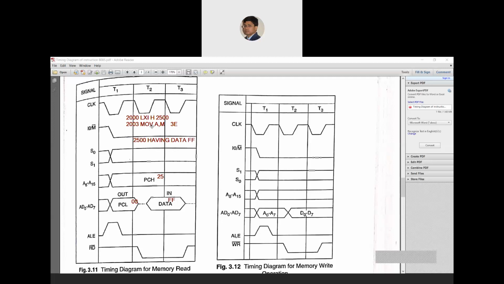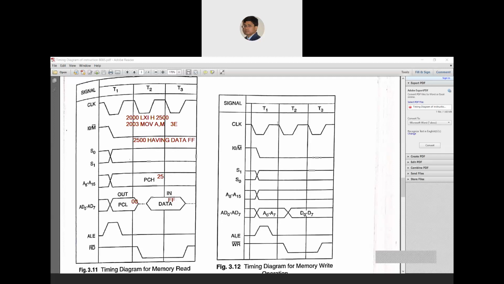In that case, I have shown previously that your HL pair is pointing to the location 2500, and in that location 2500 the 8-bit data FF is there. So your PCH is 25, PCL is 00, and the data FF is copied. Once data is copied, this instruction is complete. So this is the gist.